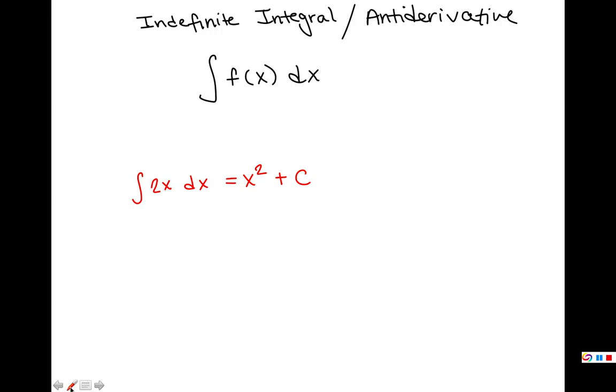And so in orange, I have written out how we would write that in symbolic form. So the antiderivative of 2x, so this thing right here, the 2x, you're trying to figure out what function has a derivative that equals 2x. And there's my answer, x squared plus c. All right, so this is the notation I'm going to be using for antiderivatives.